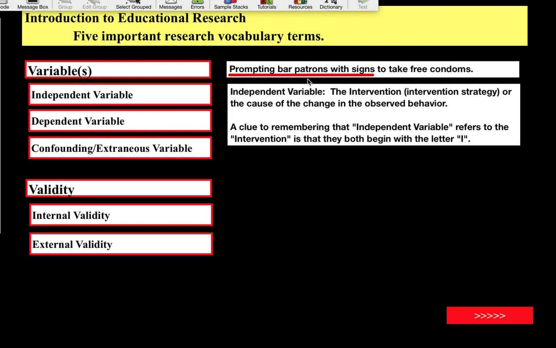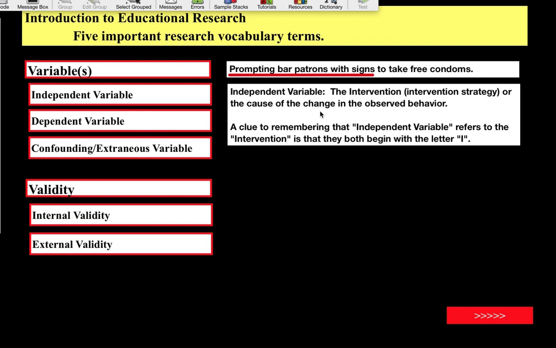In the article Prompting Bar Patrons with Signs to Take Free Condoms, the prompting of the bar patrons with signs, that was the independent variable. That was the intervention. The researchers were trying to find out that if signs were present, would people take more condoms? So the independent variable, or the cause, in this case would be the presence of signs.